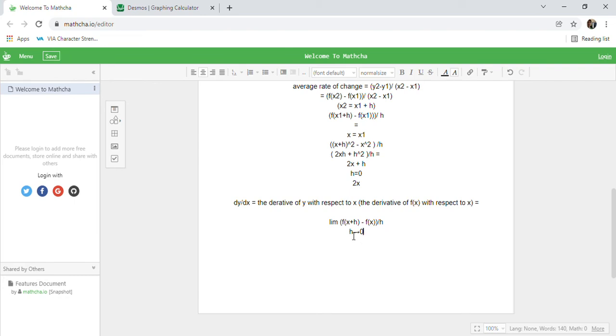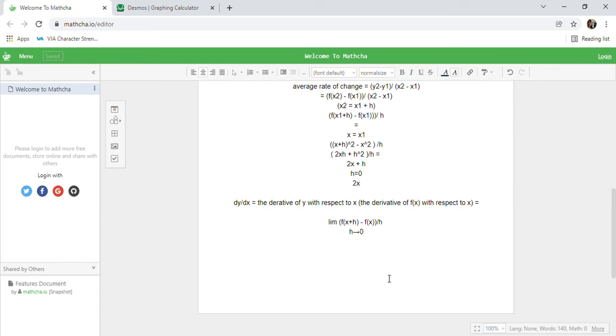So that's basically saying that as our change in x approaches 0, as we get closer and closer to dealing with just one point, we get closer and closer to our instantaneous rate of change. We get closer and closer to our derivative. In the case of x squared, we get to 2x.